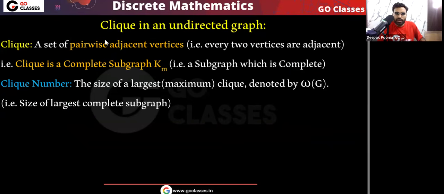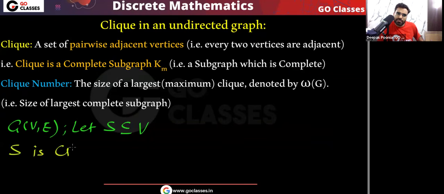But we already know the definition of clique. If you have a graph G = (V, E), and let's assume that S is a subset of V, then when can I say that S is a clique?